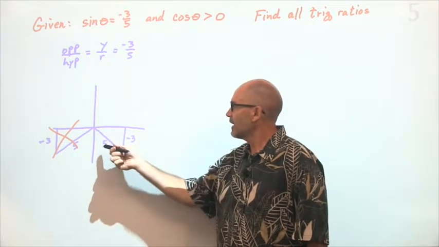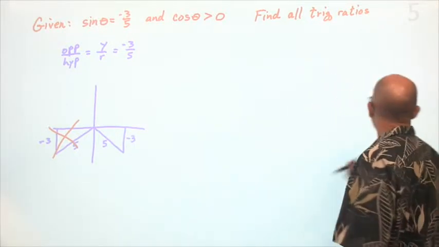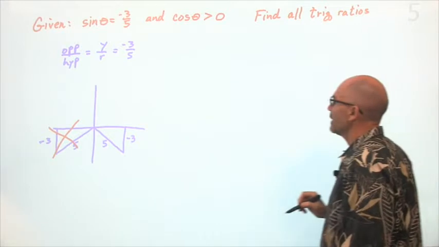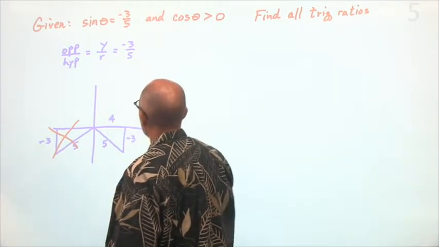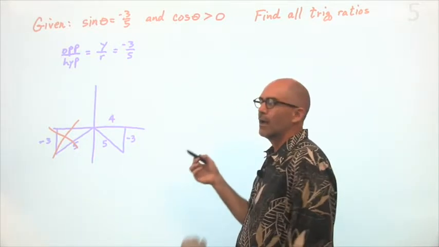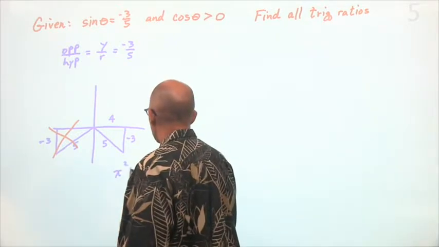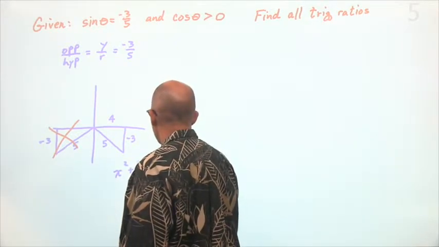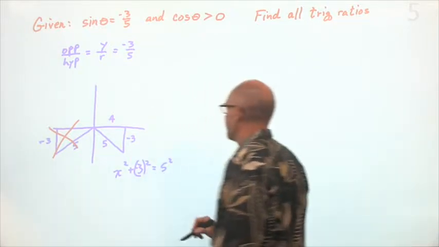So I have the hypotenuse is 5, the opposite is negative 3, Pythagorean theorem says that the adjacent has to be 4. Now, if I wasn't sure of that, I could make an equation out of it. I would say x squared plus 3 squared, well, negative 3 squared, equals 5 squared.